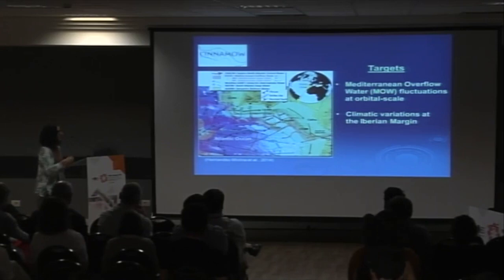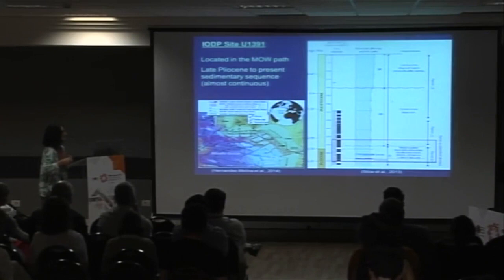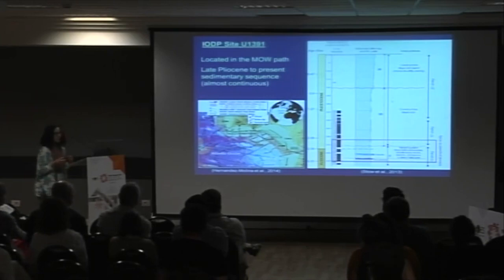And for this, I'm using this site, U1391, which was collected during IODP Expedition 339. And this site is located in the path of the Mediterranean Overflow Water. And it presents an almost continuous sedimentary sequence from the late Pliocene to the present.